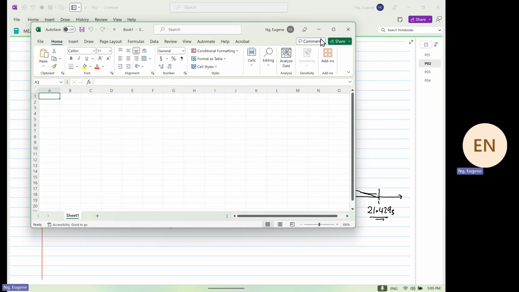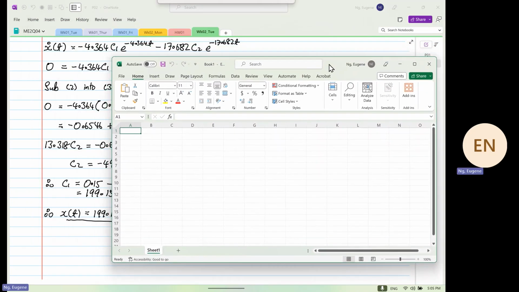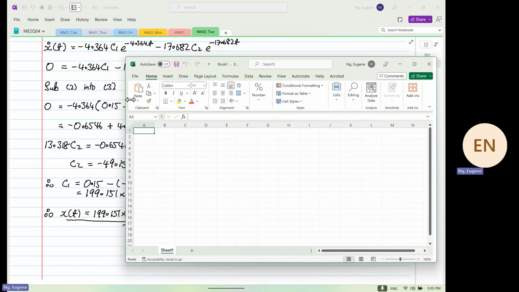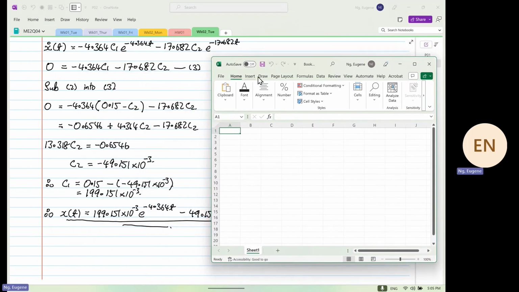Can you see the screen? Right, so now we are in Excel. T is the variable. This is 1 for now. This is our time.